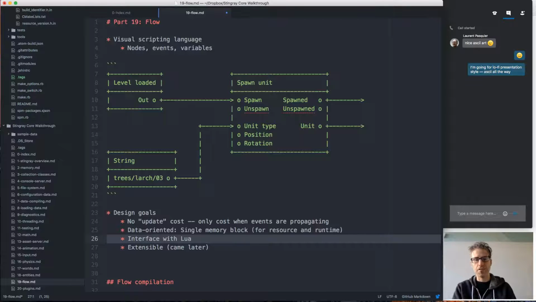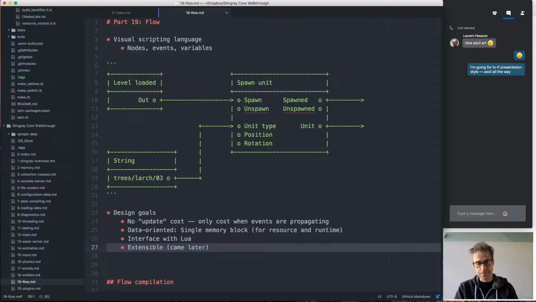We want this to interface with Lua, because we still see Lua as the main programming language. So it should be possible to call into Flow from Lua and call out to Lua from Flow, so that you're not stuck in either of these worlds. And we also want the system to be extensible. This was added rather later than our first design of this system, which was before we had support for plugins.